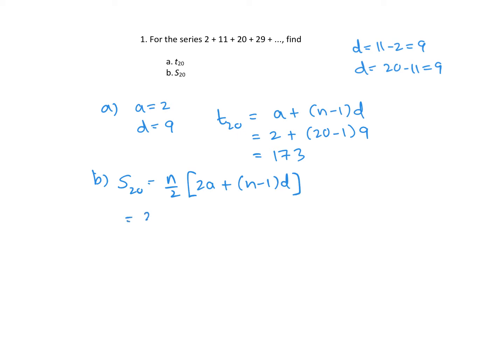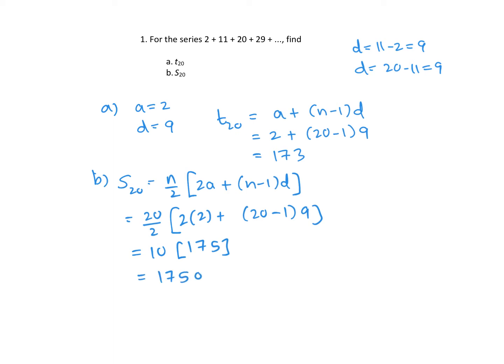I want 20 terms, so 20 divided by 2. The first term is 2. I want 20 terms, so n is 20. The common difference is 9. So 20 divided by 2 is 10. In the bracket, if I calculate this all out, it works out to be 175, and then times 10.